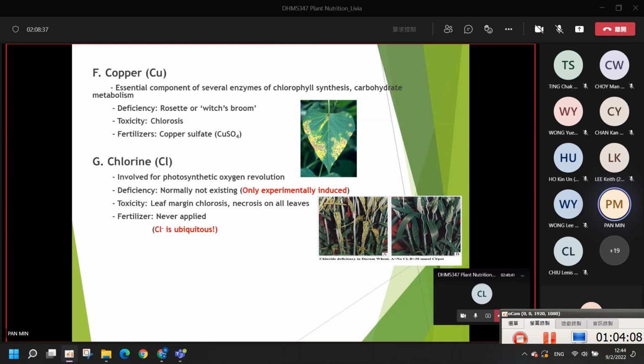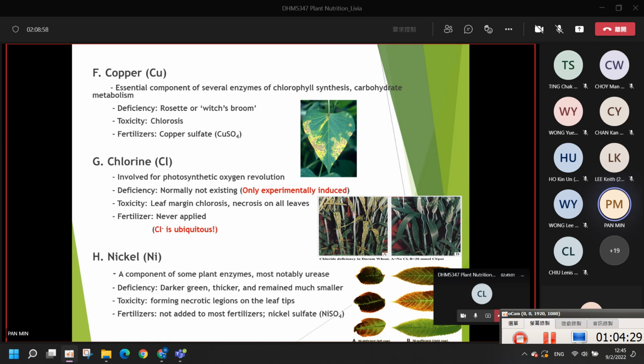The toxicity will show leaf marginal chlorosis and necrosis on all leaves, and deficiency and toxicity of chlorine are not very common.